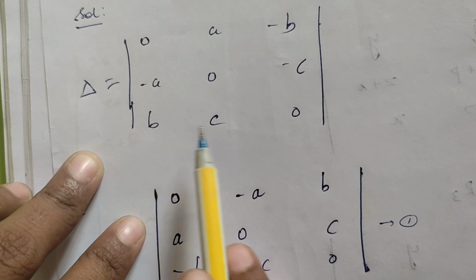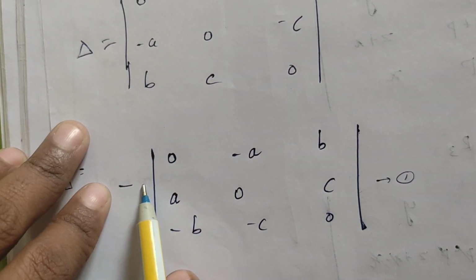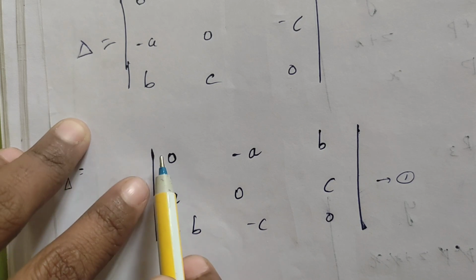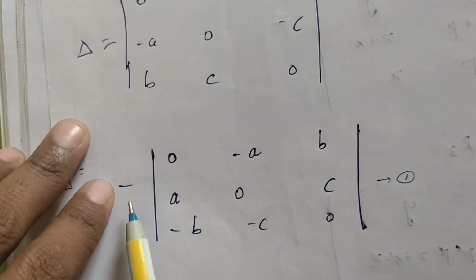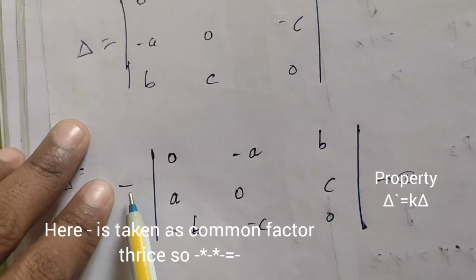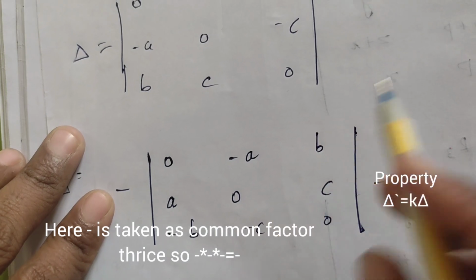Now from the third row take minus as a common factor, so minus into minus it will be minus. So this is minus of determinant 0, minus A, B; A, 0, C; minus B, minus C, 0.